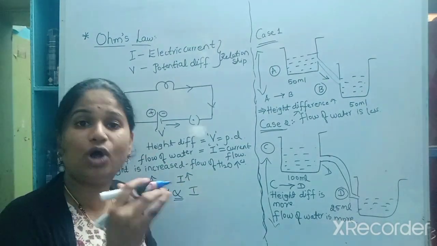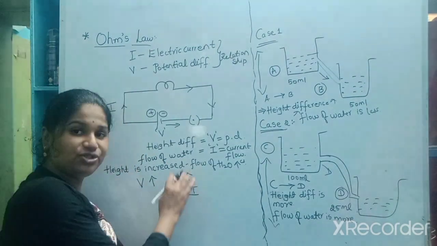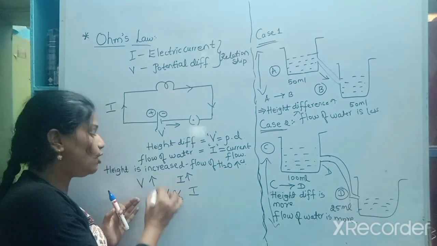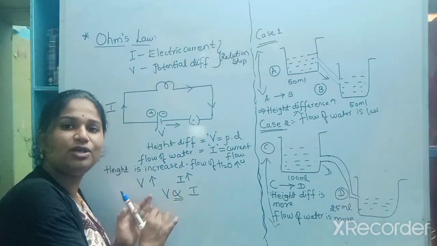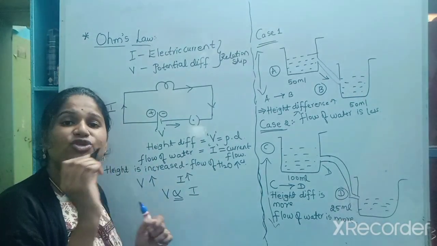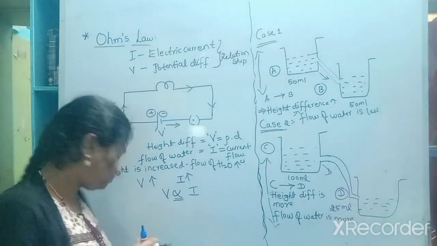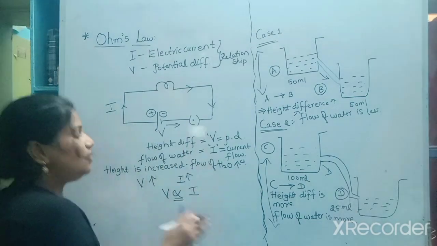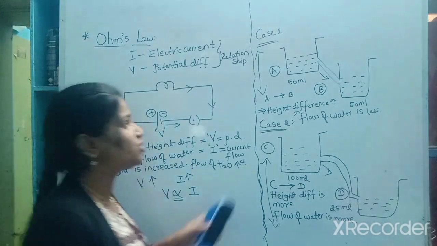When the temperature is not constant, then the current changes, so this law is not applicable and the statement will not be right at that time. So the temperature should remain constant. By all this, we can state Ohm's law.